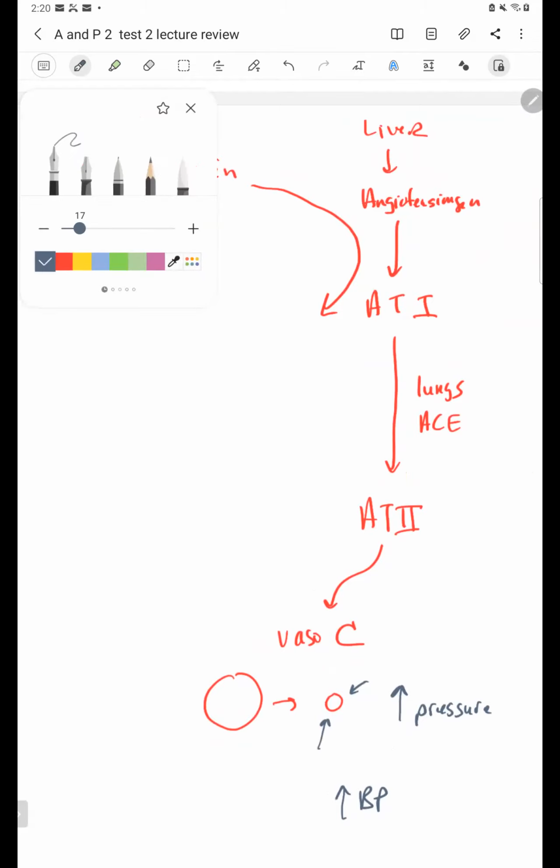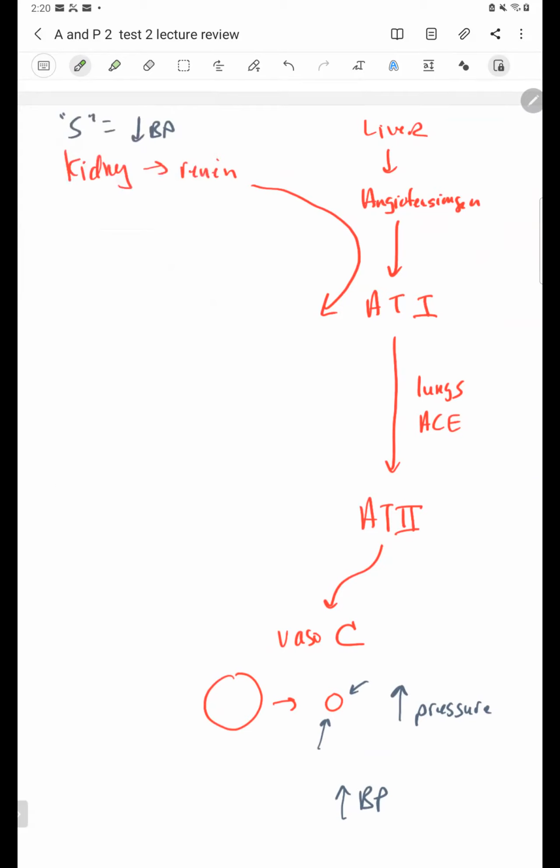Okay, the aldosterone comes from the adrenal gland, right? So it releases aldosterone. In the presence of aldosterone, you're going to keep sodium and therefore keep fluid.